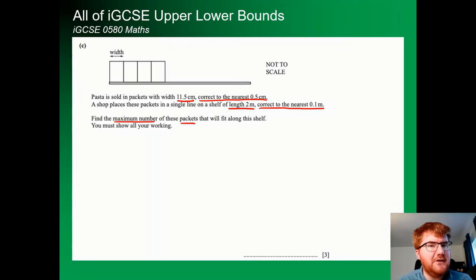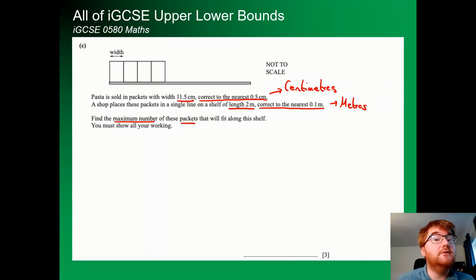Now, the first thing I'm going to notice in this question, which is different to what we've seen before, is that we're working here in meters, whereas in this part we're working in centimeters. So one of the techniques you're going to build in this particular video is making sure you're working with the same units, because then you can compare directly. So I'm going to take the bottom bit here. Again, you need to remember your basic conversions.